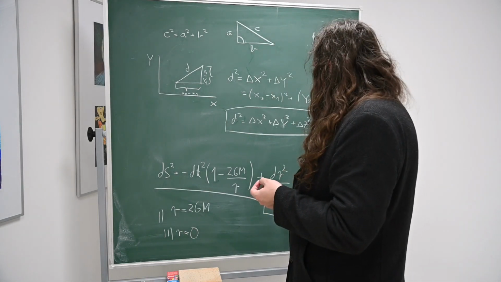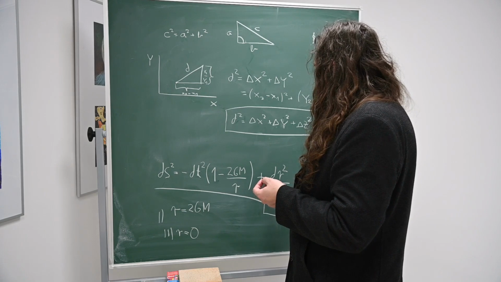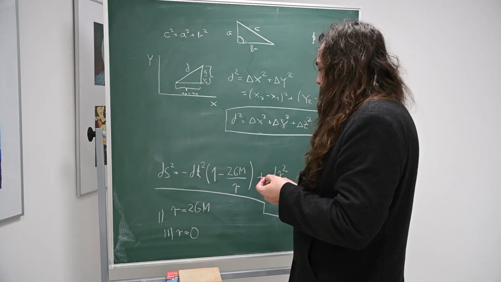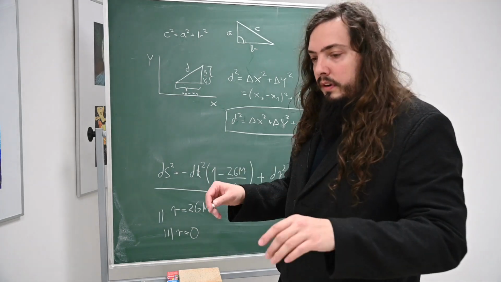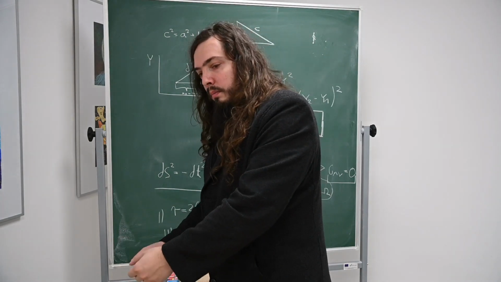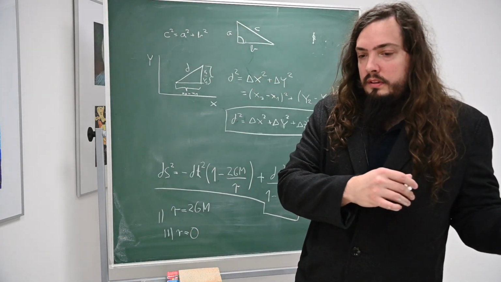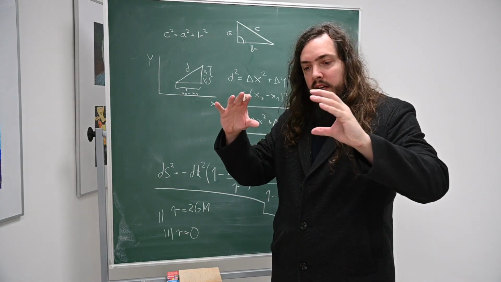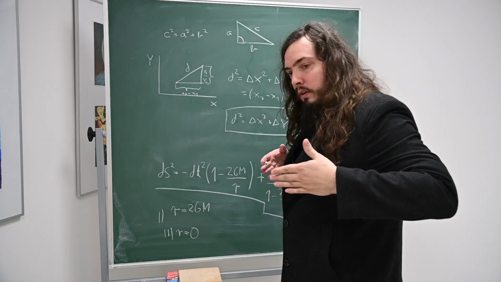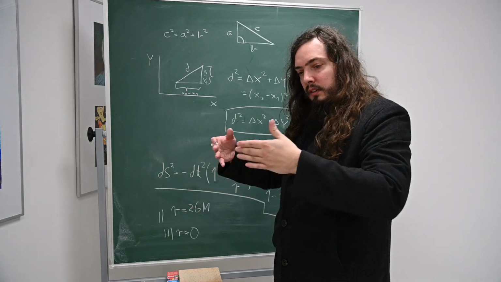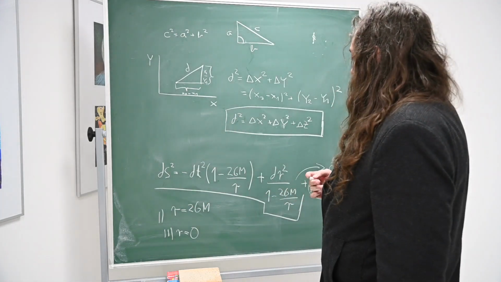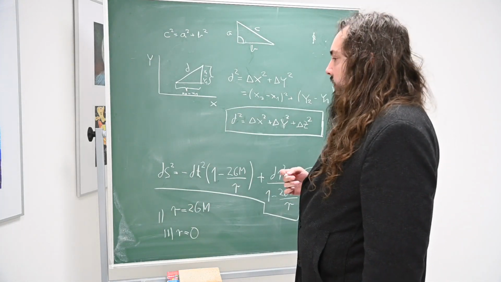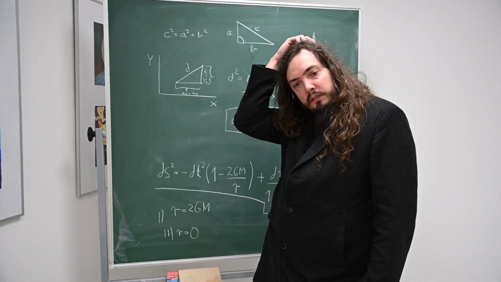So this horizon, the point where this equation acts strangely, is the point where you can enter, but you cannot get out of it. Space-time has such a structure that things can go into the horizon but cannot go outside of it. And that is then the edge of the black hole.